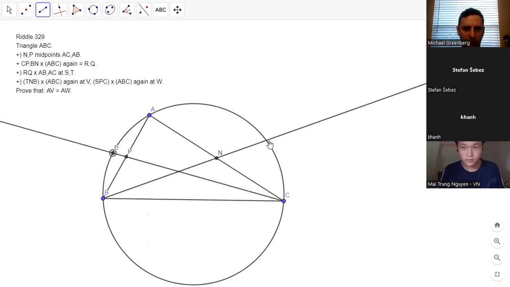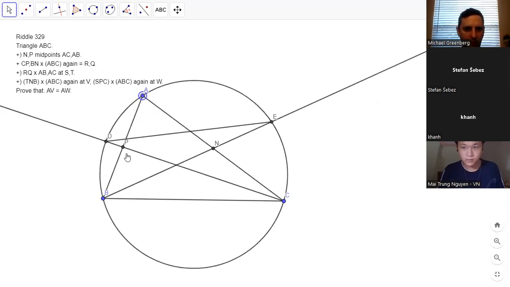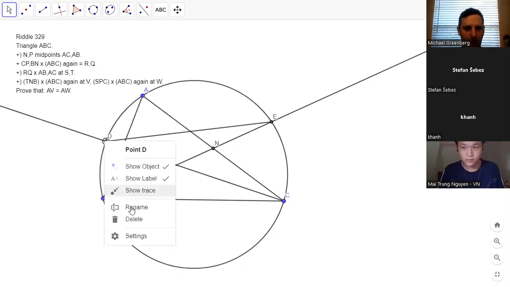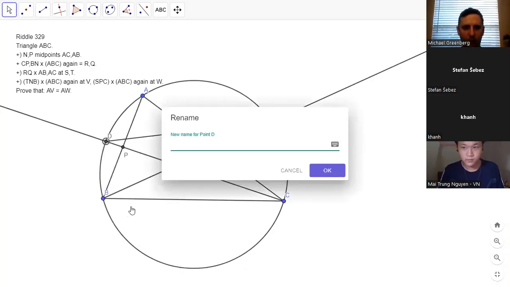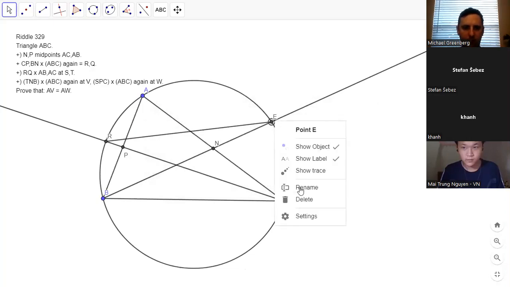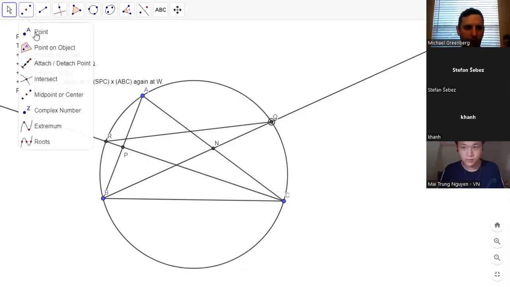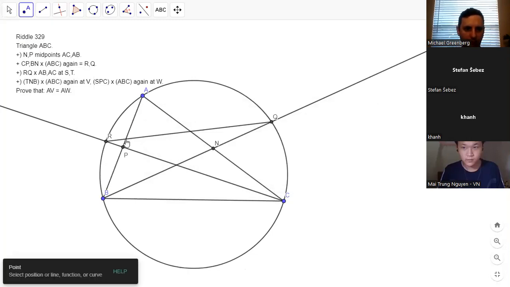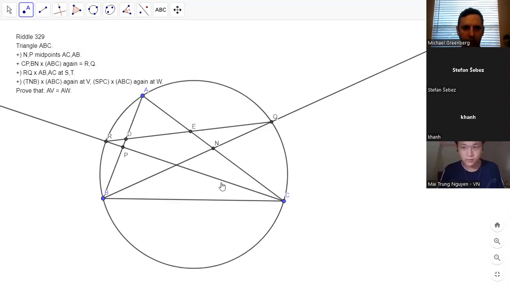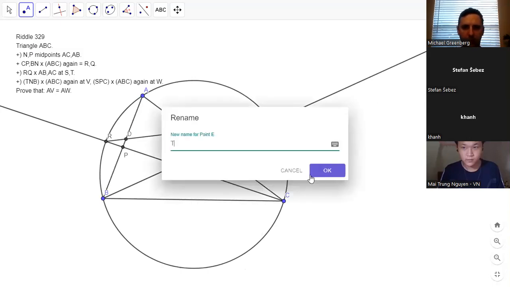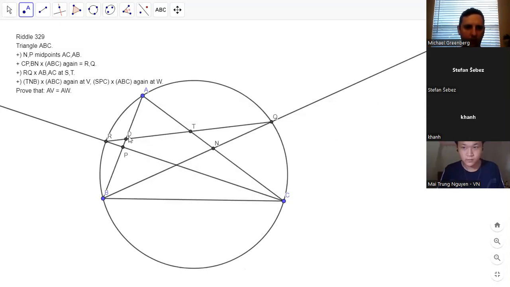All right, so I'm going to rename these points. So R and Q are those two points, R, and this is Q, and S and T are those two points. Should be T and S.